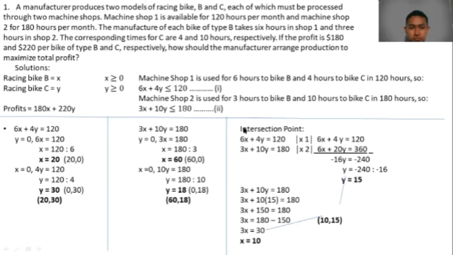And then we look for the intersection point, for which we should eliminate between both equations. The step is like here: 6x plus 4y equals 120, and we eliminate it with the second equation, 3x plus 10y equals 180.